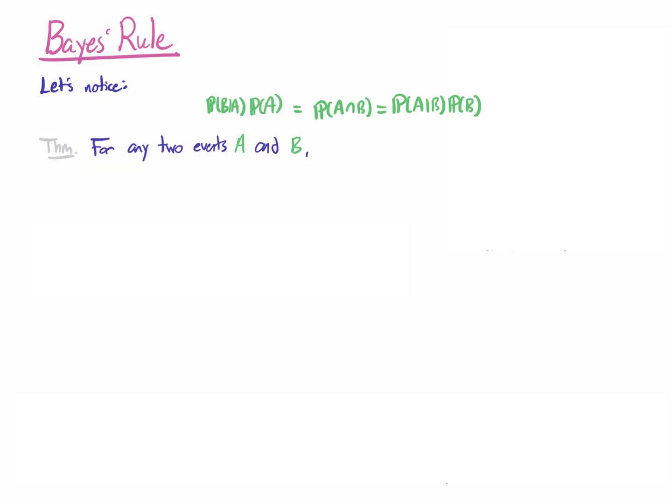For any two events A and B, if I want to know the probability of B given A, I can calculate that if I know three other things.